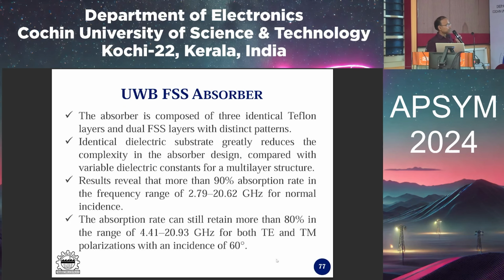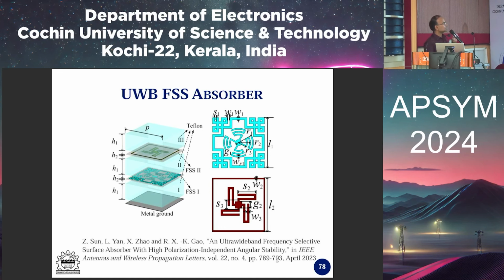The next application is the use of FSS as an absorber. Suppose we could control the reflection as well as the transmission property of the FSS, then that can be converted to an absorber. The absorber is composed of 3 identical Teflon layers, so this is again a cascaded layer. This is the unit cell design.